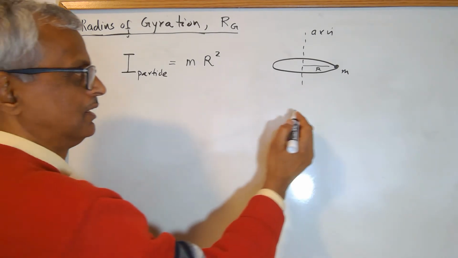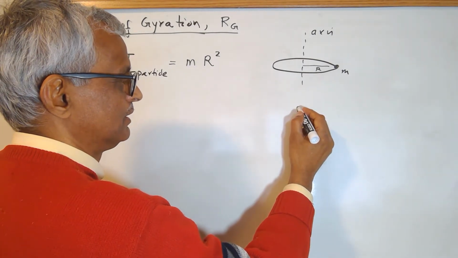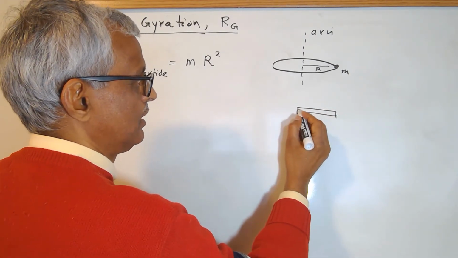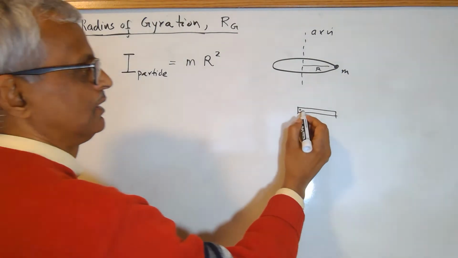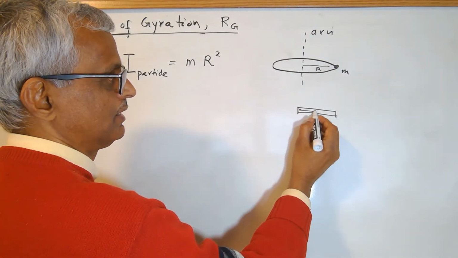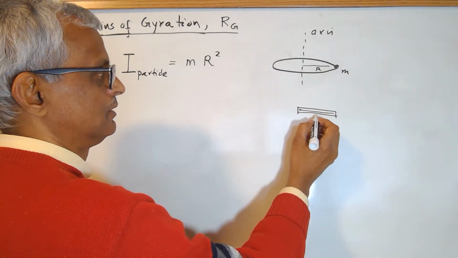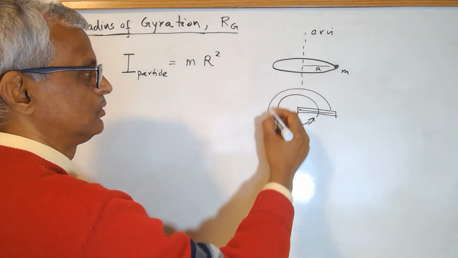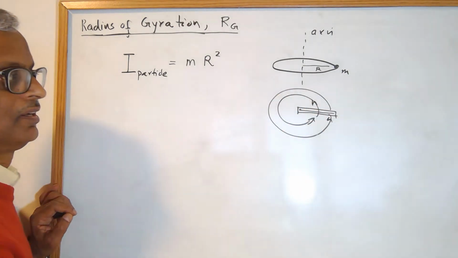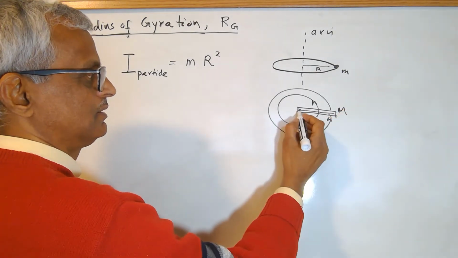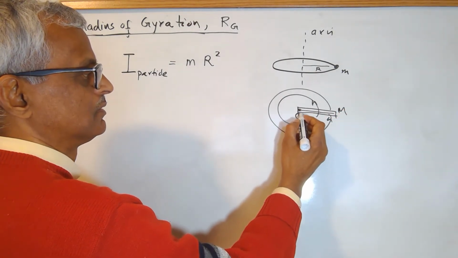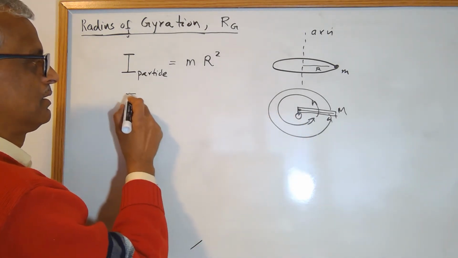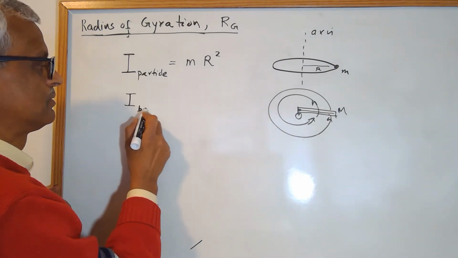If I have a bar, or you might even remember that, if I have a bar like so, and here is the axis, and maybe it's really at the end, and this length is L, and the bar is rotating like that, and the bar has mass m.